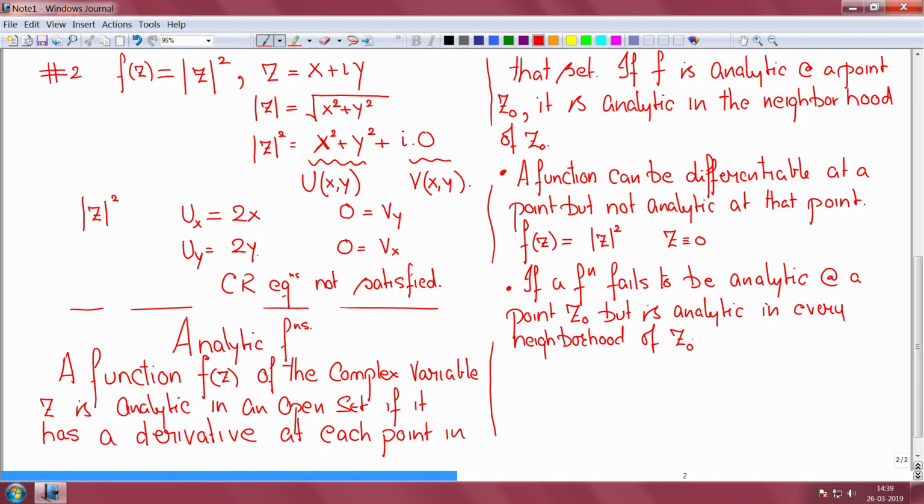So it is not well behaved at z0 only, around it is well behaved. Then z0 is called a singular point of f of z. We will see such cases in the future when we solve problems. So, that is as far as analytic functions is concerned.